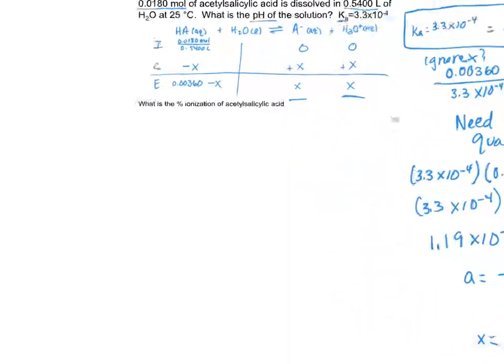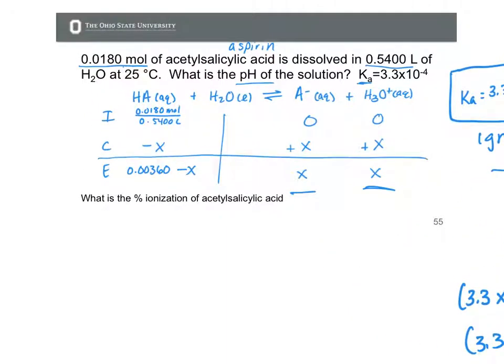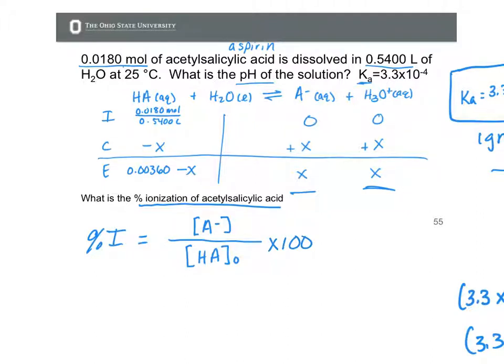So the other part of the problem, I'll zoom back in over here, is to find the percent ionization of acetylsalicylic acid. So the percent ionization, I'm just going to abbreviate that as percent I, is equal to the amount of conjugate base, A minus, divided by the initial concentration of weak acid times 100 to get the percent.